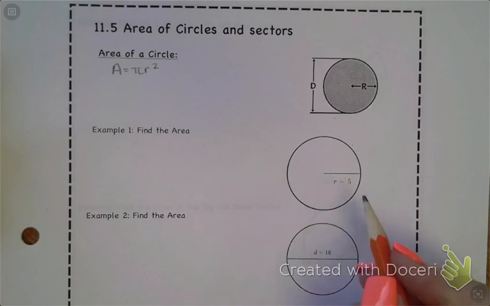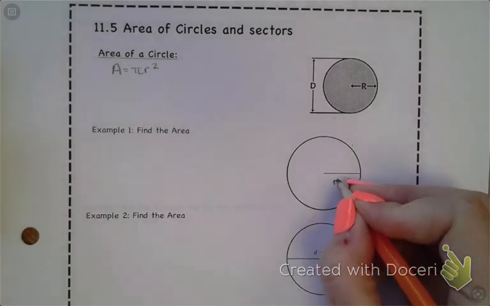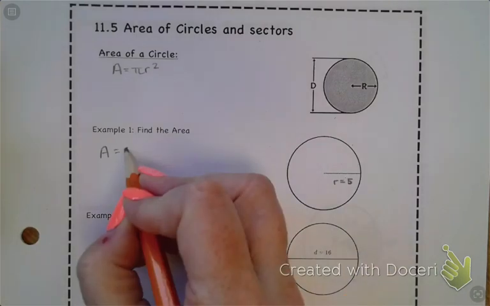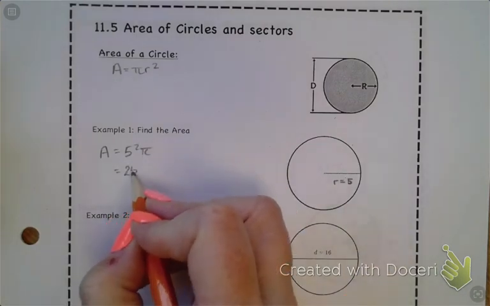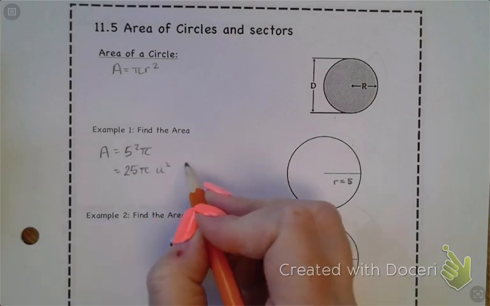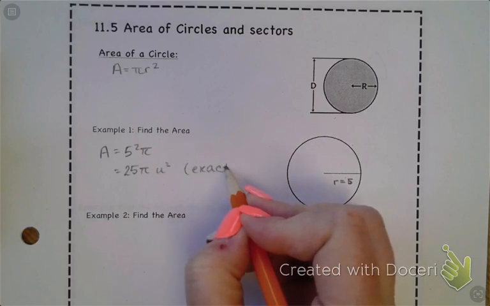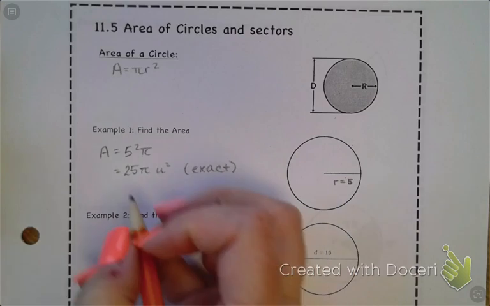So area equals pi r squared. Our first example, our radius is 5. So I have area equals 5 squared pi, so 25 pi units squared. Now this is the exact answer, and sometimes you'll need that exact answer, and other times they will ask for you approximately.